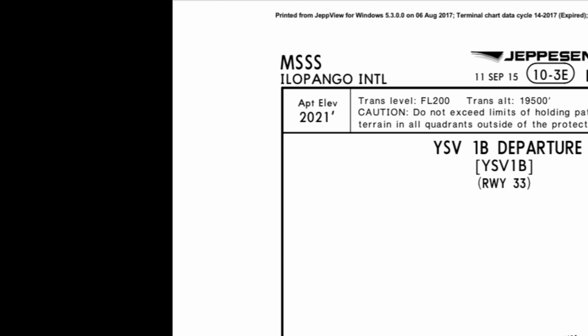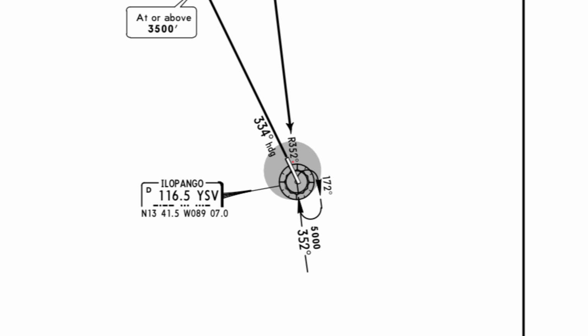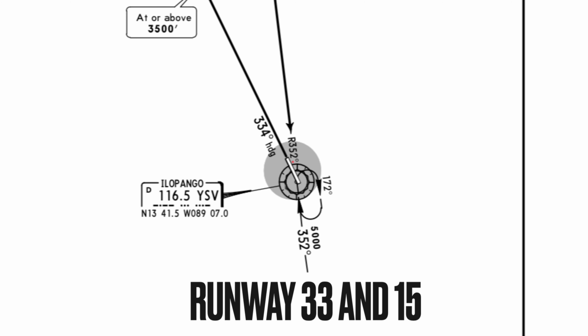And basically what you have to understand of this chart is this. You see that little line over there? Well, that's the runway. So in this airport we have two runways, runway 33 and runway 15. For this specific chart we are taking off the airplane from runway 33.